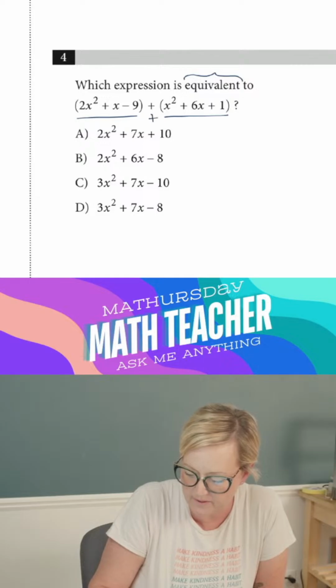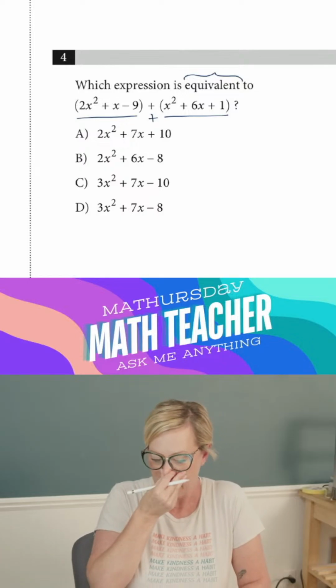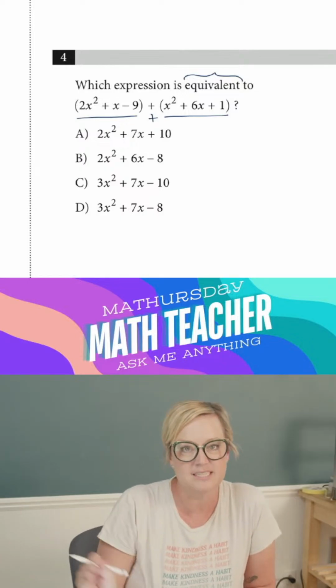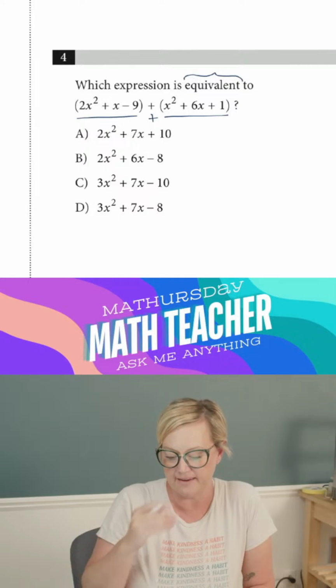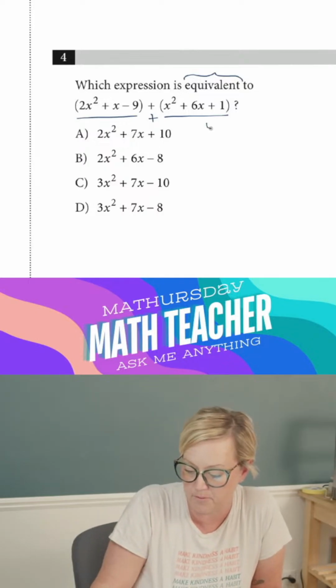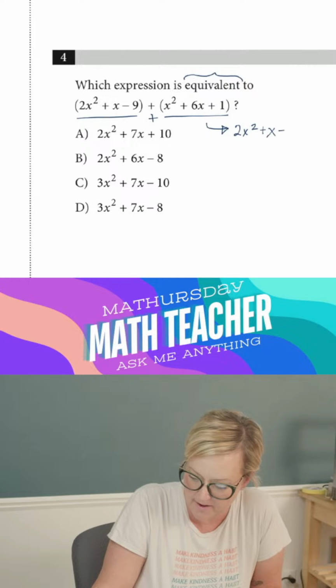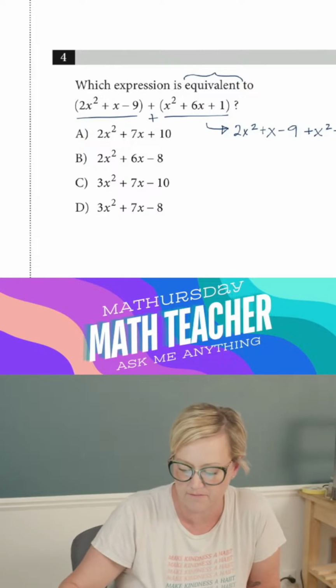So we've got 2x squared plus x minus 9 plus x squared plus 6x plus 1. Since these two big pieces are being added together, I can actually just drop the parentheses. So I've got 2x squared plus x minus 9 plus x squared plus 6x plus 1. Oh, I'm going off the side a little bit.